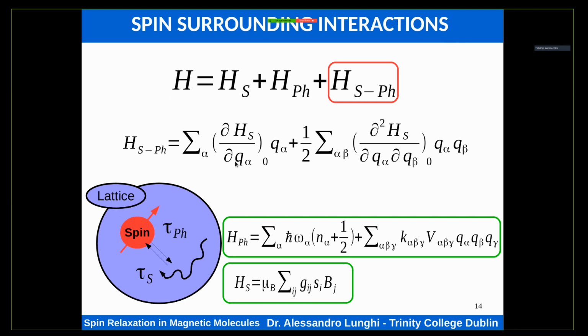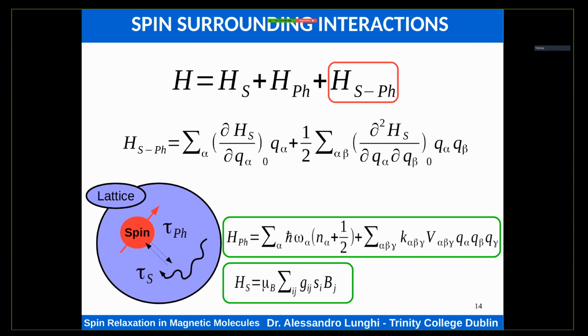Essentially, the atoms are going to vibrate at a given temperature, and these vibrations are going to modulate the spin interactions. So this is essentially the fingerprint of the interaction between the two systems. We said we want to assume a weak coupling regime, so we can start with a first order derivative, and if it's important, we can also extend the studies to second order derivatives. So this is the shape of our Hamiltonian.